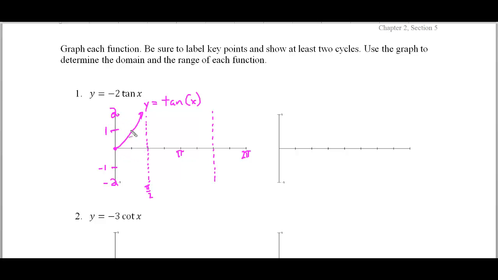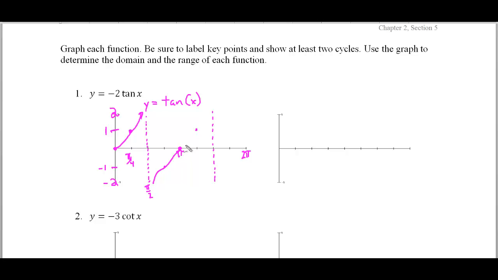This is -2. This is going to be +2 here. So what this gives us is a solid point at pi over 4, comma 1. This is the line x equals pi over 2. Then starting here, we're going to have a point at -1 on my y at 3 pi over 4. Since this was 2 pi over 4, this would be 3 pi over 4. 4 pi over 4, or pi, is going to be at 0.